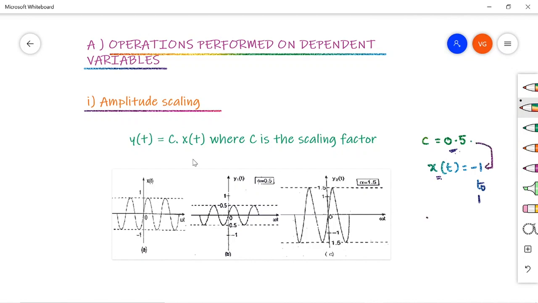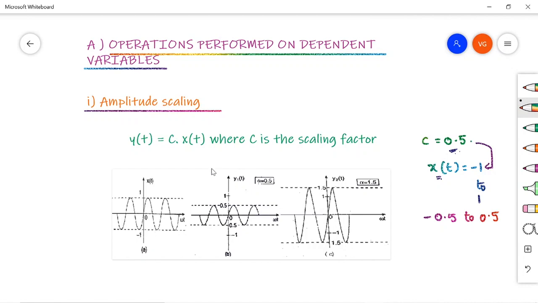After performing the operation, it will become -0.5 to 0.5. So in the second picture, if the scaling factor is 0.5, the amplitude is reduced to 0.5 to -0.5. Just multiply the scaling factor with the peak to peak amplitude of your given signal.